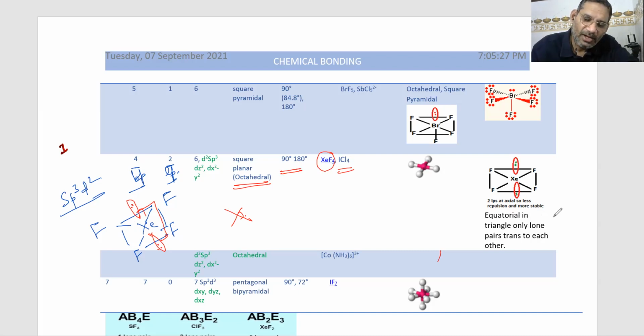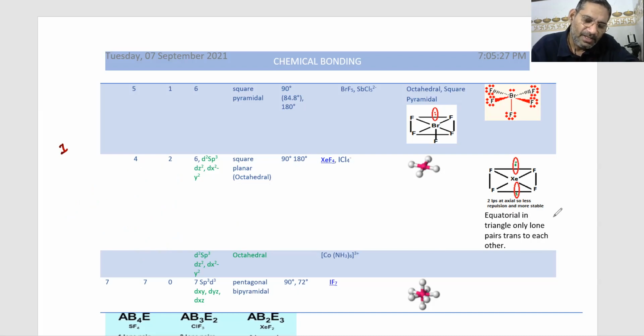Now I'll explain to you, this 4 plus 2 can be d2sp3 also. This is sp3d2, but it can be d2sp3 also. In that case also, these two d orbitals will be dz square and dx square minus y square, and the shape will be octahedral.